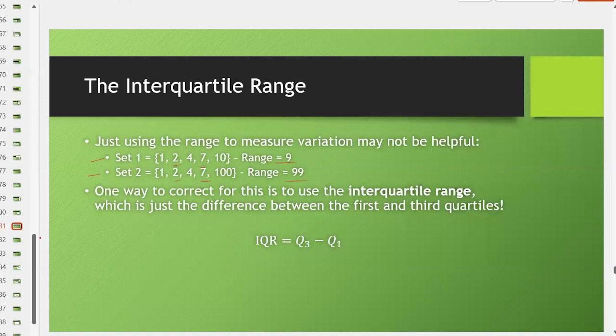The data sets are almost exactly the same, except for the one outlier in the second one. So it's helpful to use this range when we believe there are outliers in the data set. But again, this is also when you have things that are best represented by the median. We're still talking about those in general.